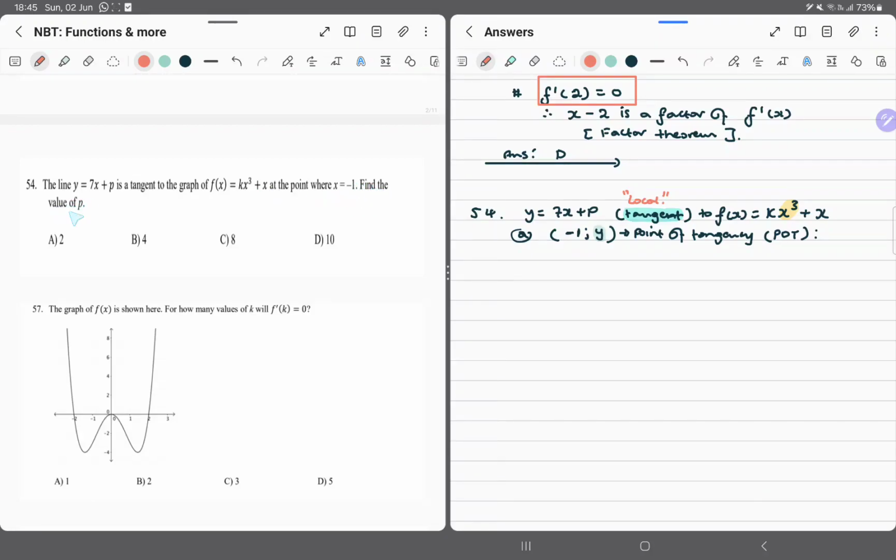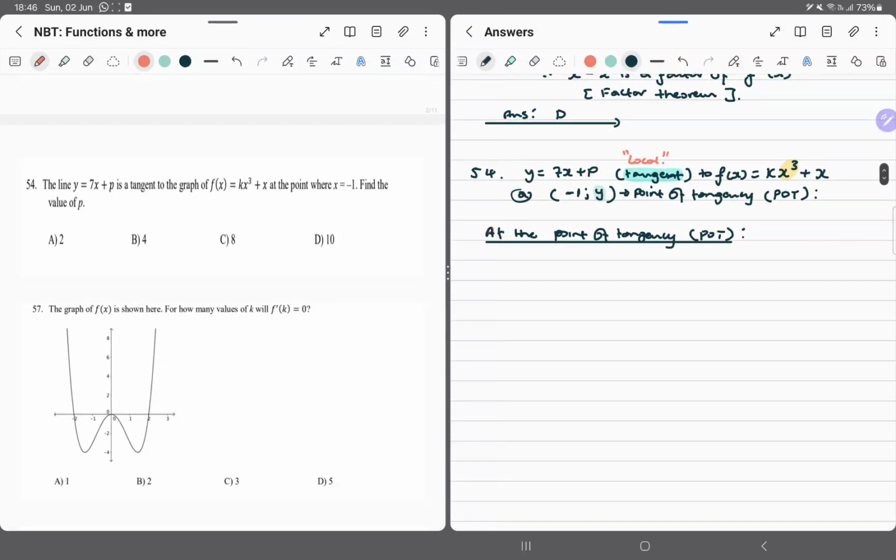All right, so now what do we know? It says find the value of p, so we want to work out the y-intercept of this line. Well, we know two things here, that at the point of tangency, the port, there are two things of importance.